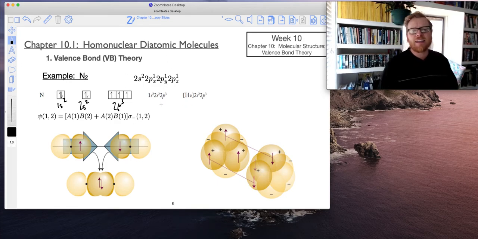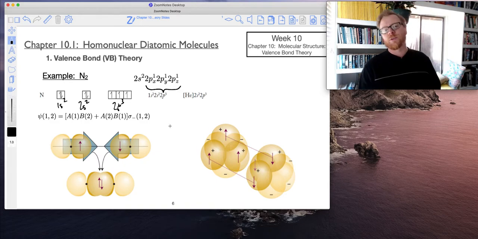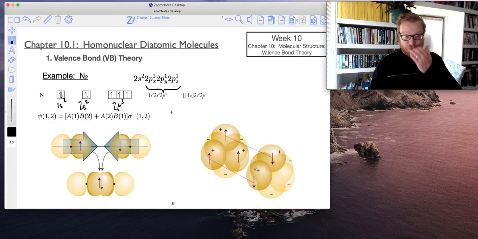If we recognize here, we normally write that as 2p3, right? But really, I know that my p orbitals are comprised of px, py, pz. And because I have one electron in each, I'm going to have one electron in each: the px, the py, and the pz.